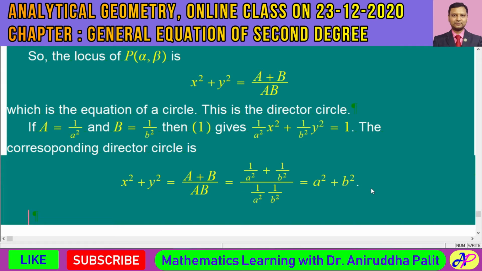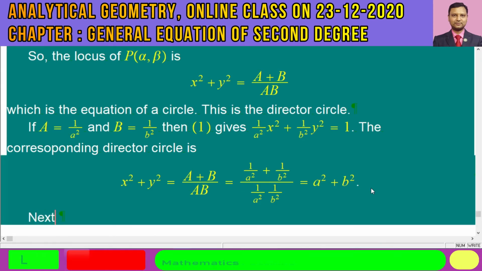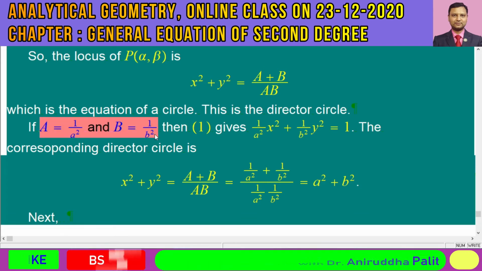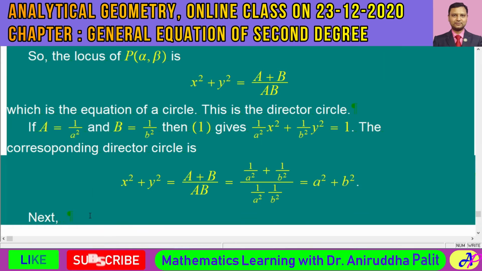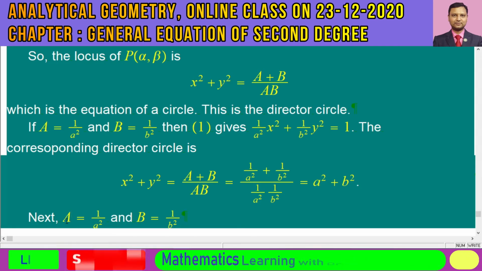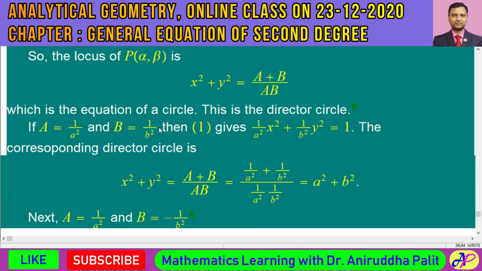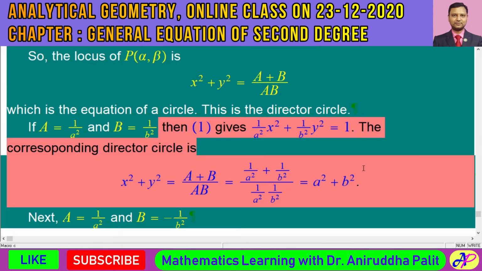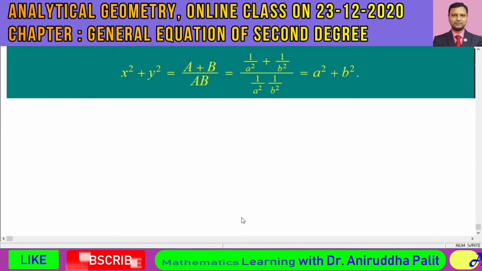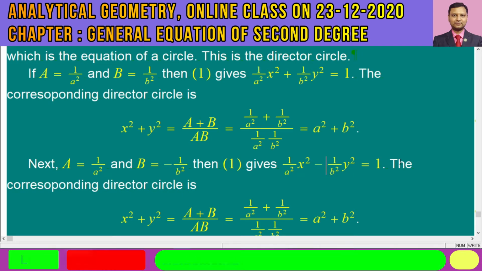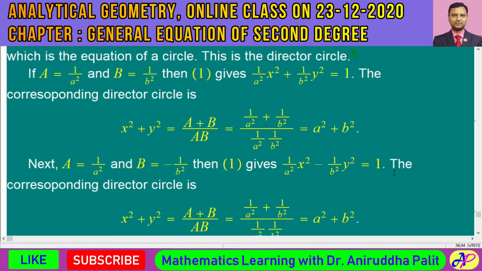Next, in case that A is equal to, suppose, 1 by a square and B is equal to, suppose, minus 1 by b square, then this equation would give us equation 1 becoming x square by a square minus y square by b square is equal to 1.